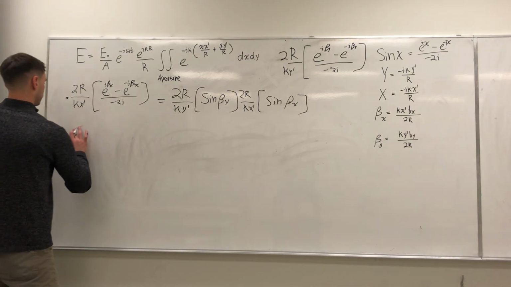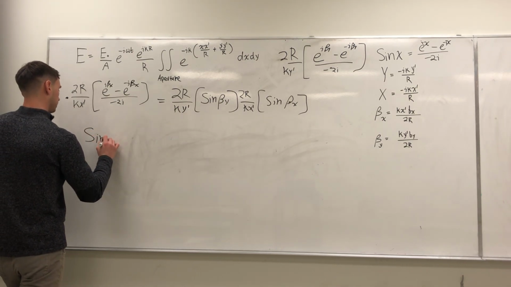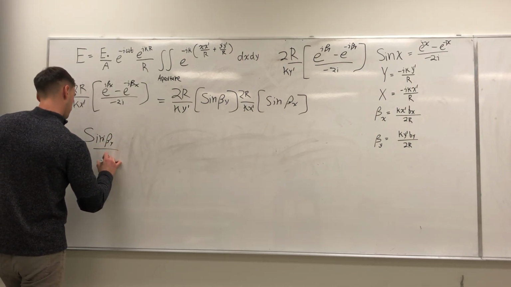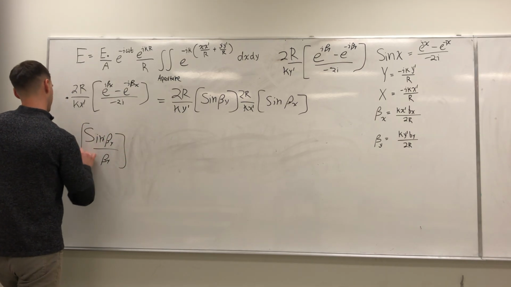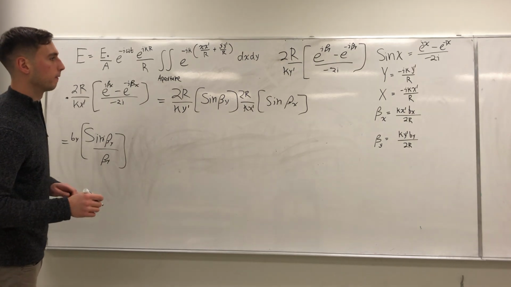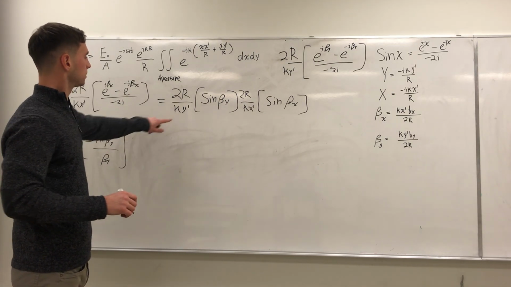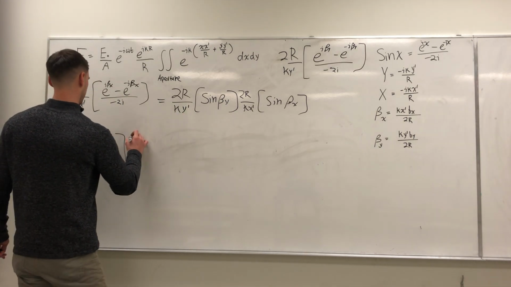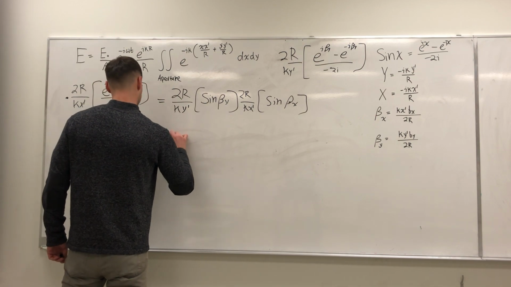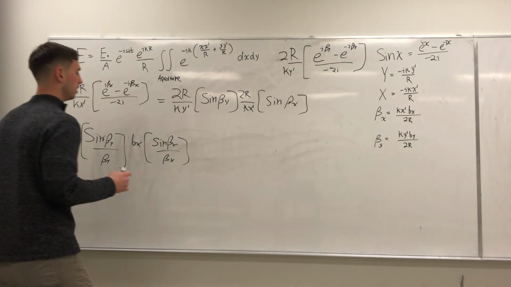So this expression essentially equals sine beta y over beta y, except only thing we have outside is the by, right? And for the x, it's the same thing. Sine of beta x over beta x, like so.